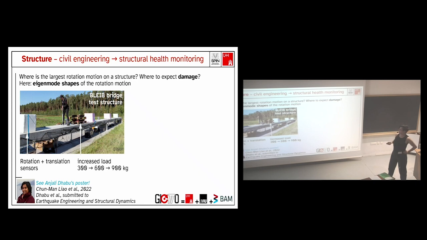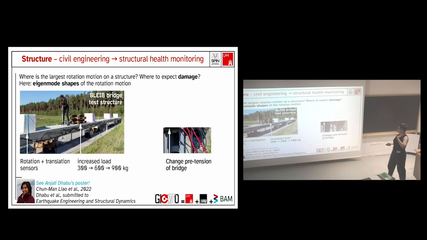And we put 4 stations on there. So the stations each time are 1 translation sensor, just a Trillium Compact, and 1 rotation sensor under each of these white boxes. And then we did some stuff to the structure to make it respond. So one of the things we did was gradually increase the load on the structure from 300 to 900 kilograms.